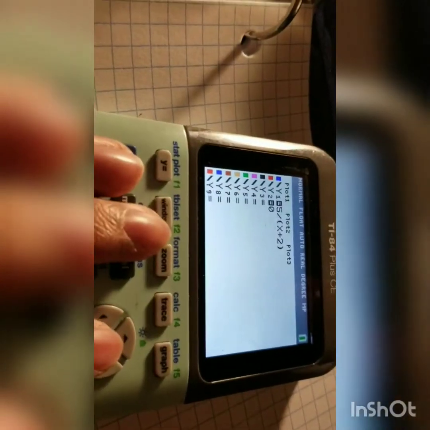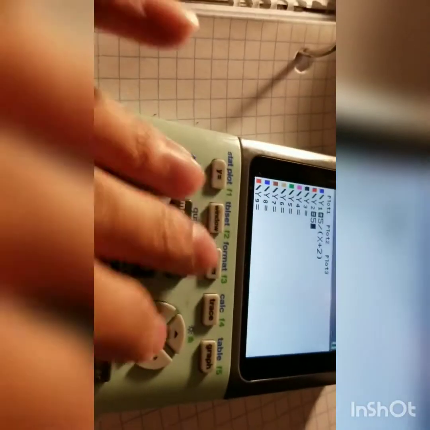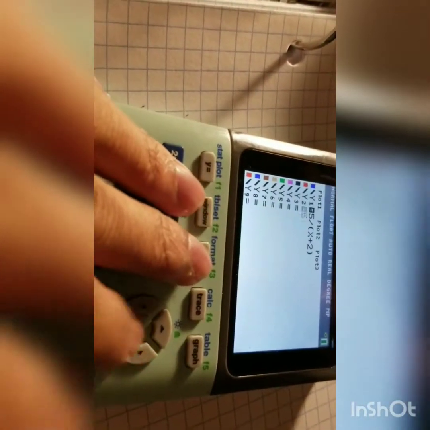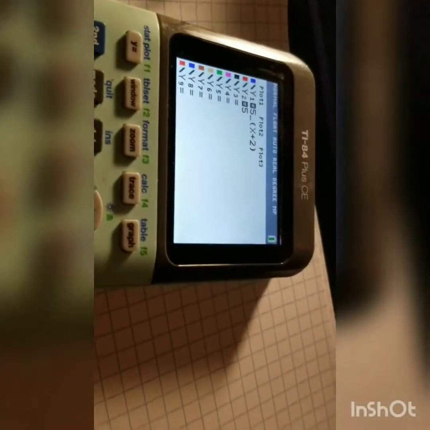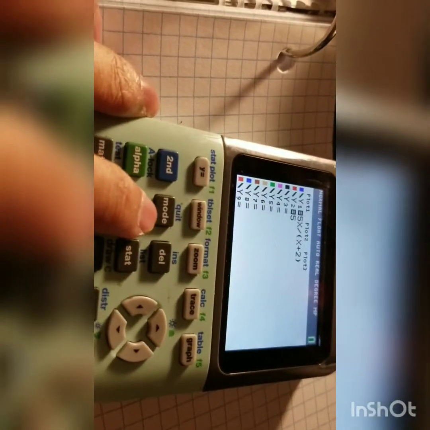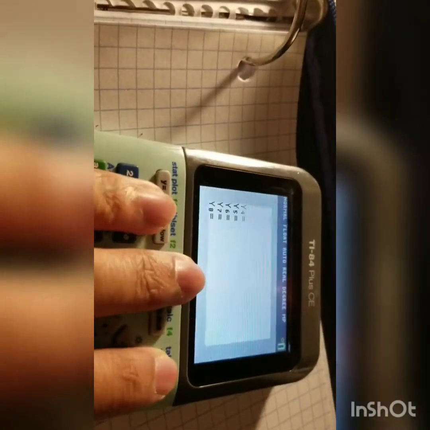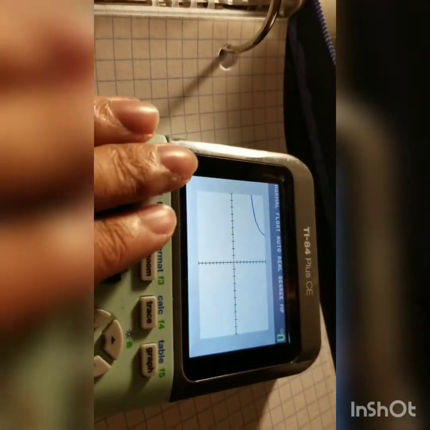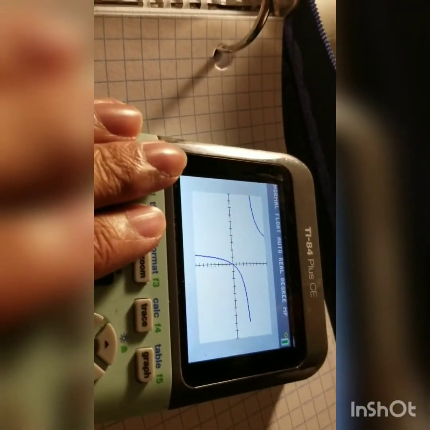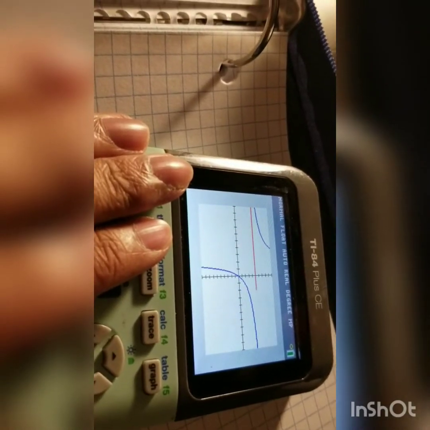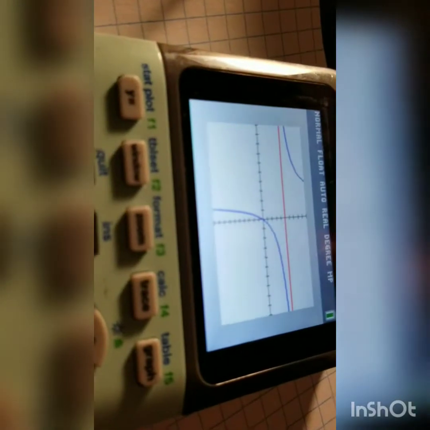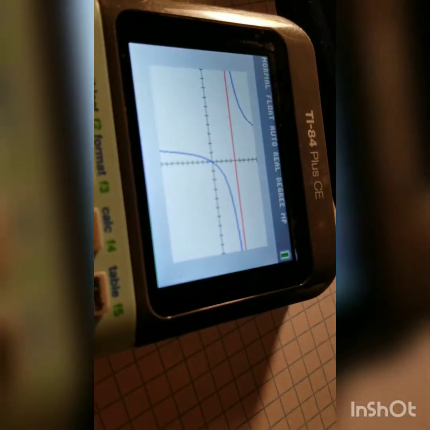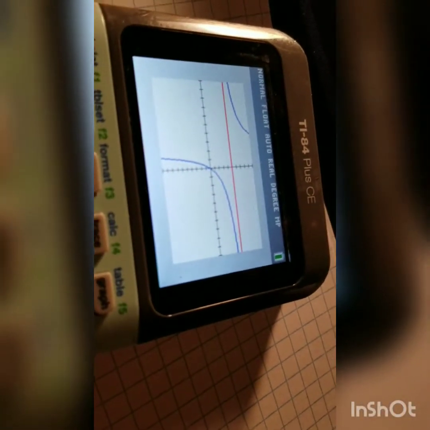Okay, we'll make this equal to 5 for now. Let's see what happens. Let's fix our window settings first. Actually, we don't need to, because here we can see that it never touches.